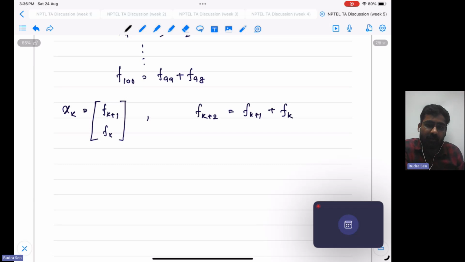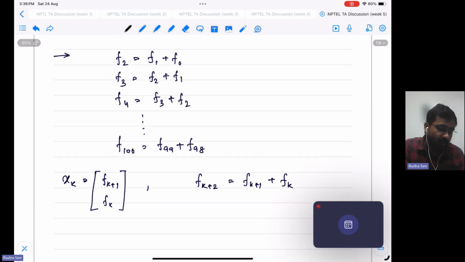If k equals 0, f2 is equal to f1 plus f0. If k equals 1, f3 is equal to f2 plus f1. If k is equal to 98, then f100 is equal to f99 plus f98.